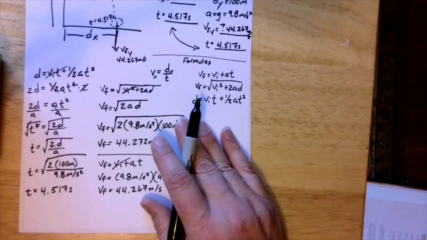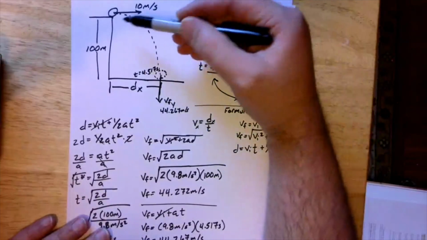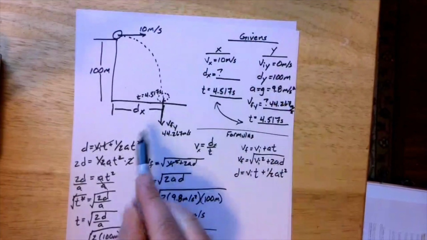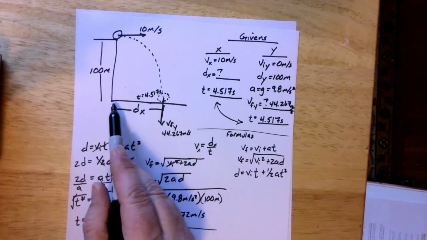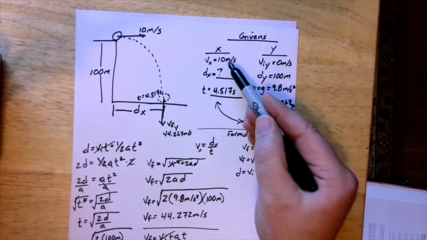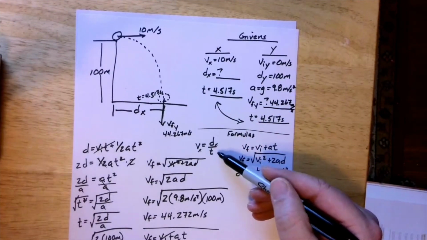Okay. Now, the last part. If it took 4.517 seconds for it to fall straight down, that also meant it took 4.517 seconds for it to go across horizontally. So, because the horizontal velocity is at a constant rate, all we really have to use is this form right here.